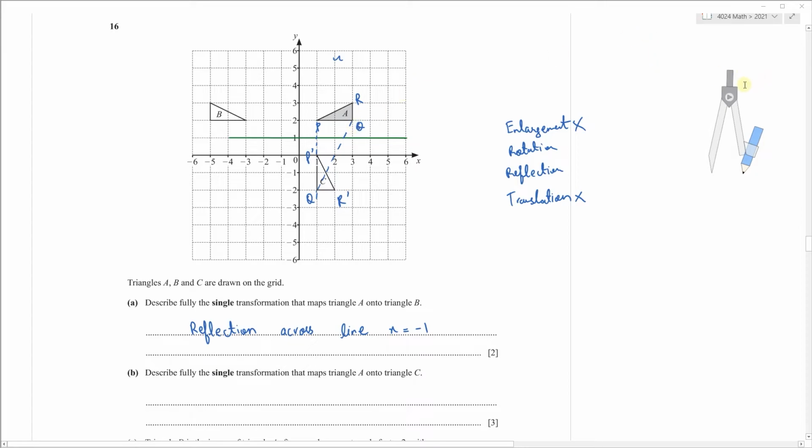Now I'll use the compass because this is not a vertical or a horizontal line. So to draw the perpendicular line bisector, I will open up my compass more than half the length and then draw two arcs on either side of the line.